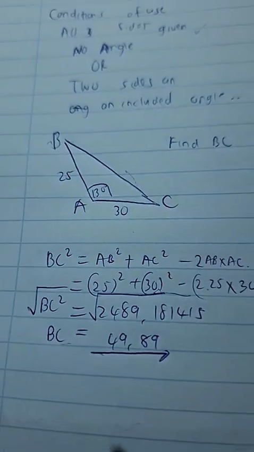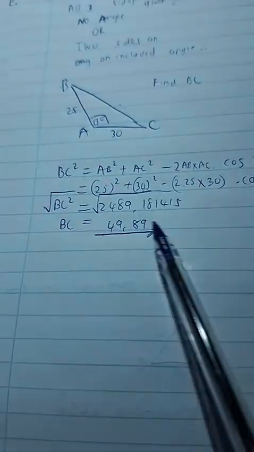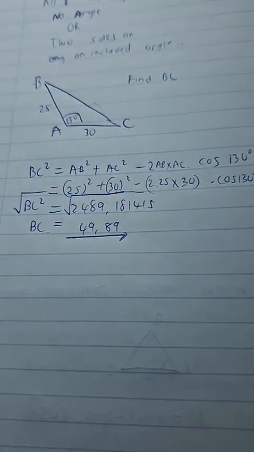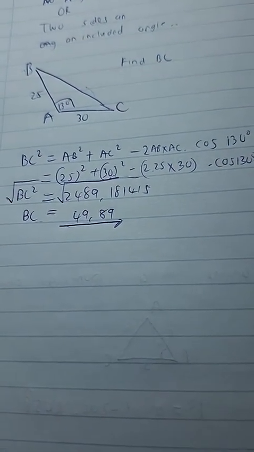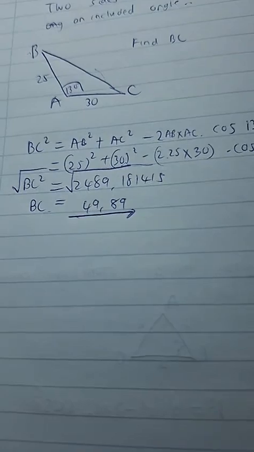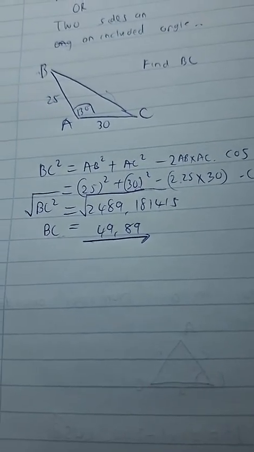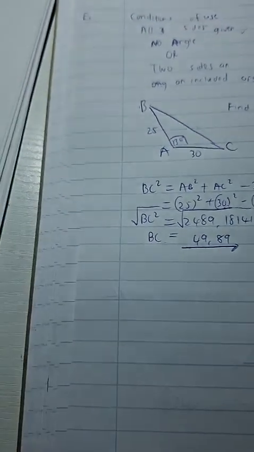Here in this situation, we really do have two sides and one included angle. So therefore, if we have two sides and one included angle, it means we use this cosine rule. So you see here this condition worked.